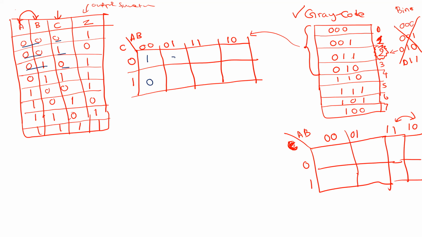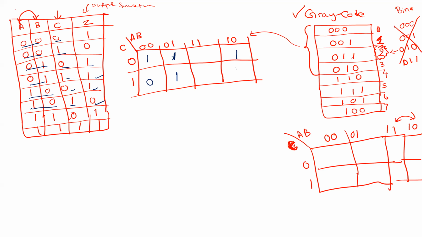0 1 0 means 1. 0 1 1 means 1. 1 0 0 means 1. 1 0 0 1 means 1. 1 0 1 means 0.